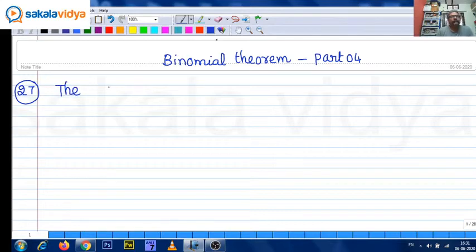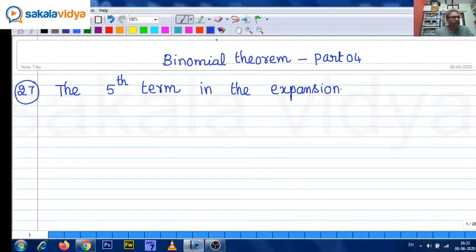Question number 27. The fifth term in the expansion of (2x square plus 3 upon x) whole to the power of 5 is.